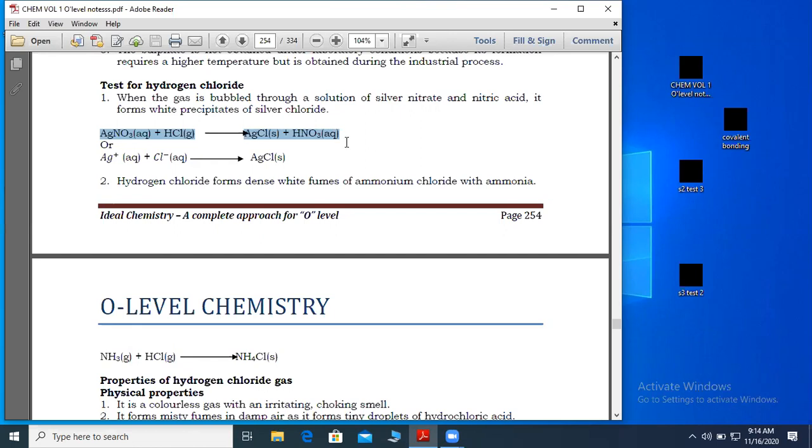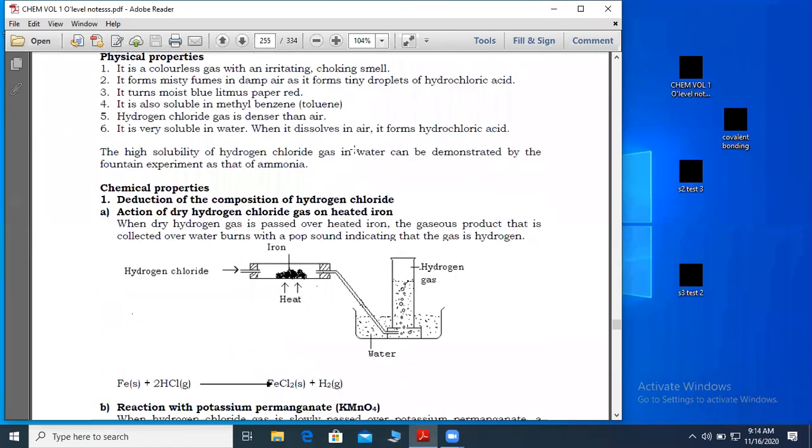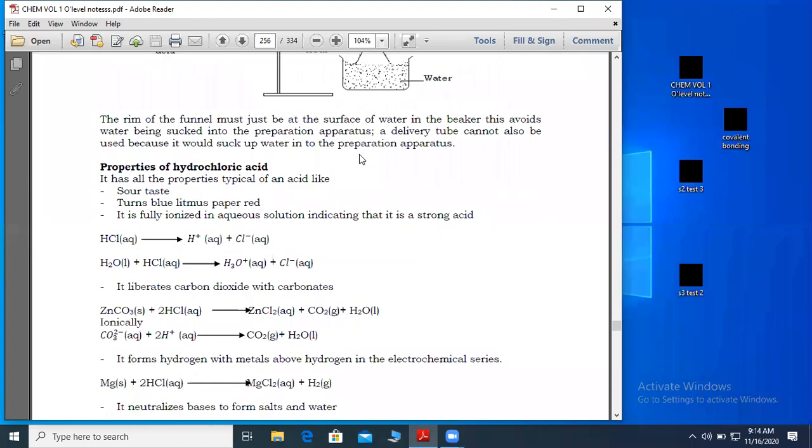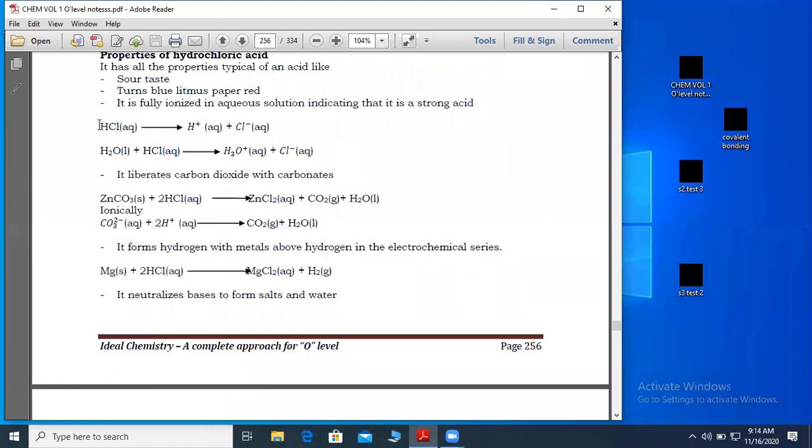Write an equation to show that hydrochloric acid is an acid. This one, we had it here. This is the equation I wanted. Show how hydrochloric acid ionizes in solution. It ionizes to form hydrogen ions plus chloride ions. Remember, when I say show that hydrochloric acid is an acid, remember the definition of acids that you had in senior 2.